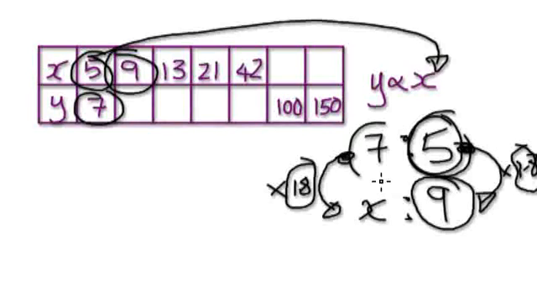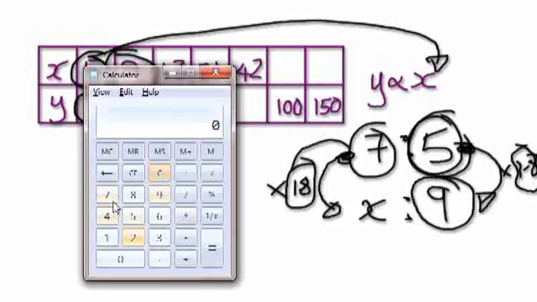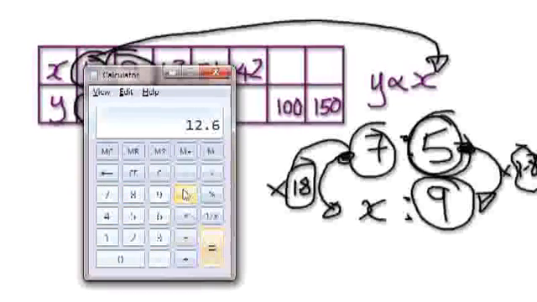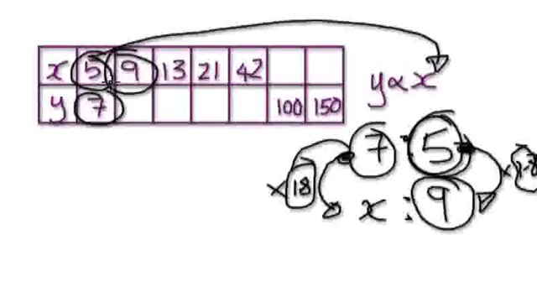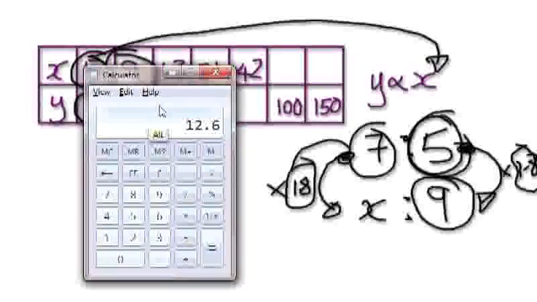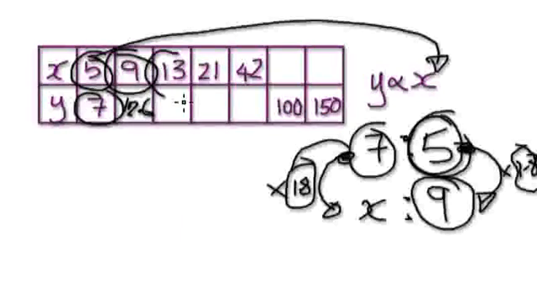So if you want to know x, it will be 7 times 1.8, so the first part here is 12.6. Then you can use the same technique for the 13.